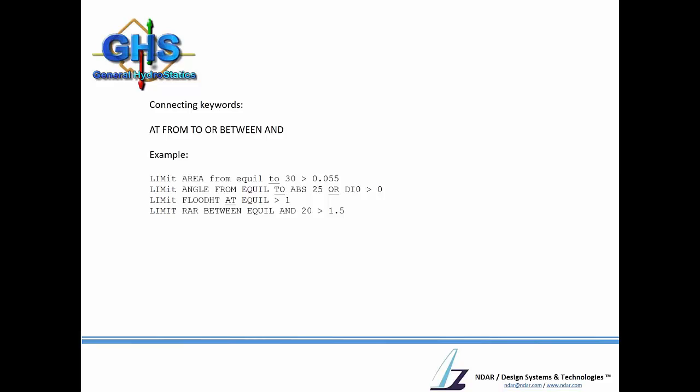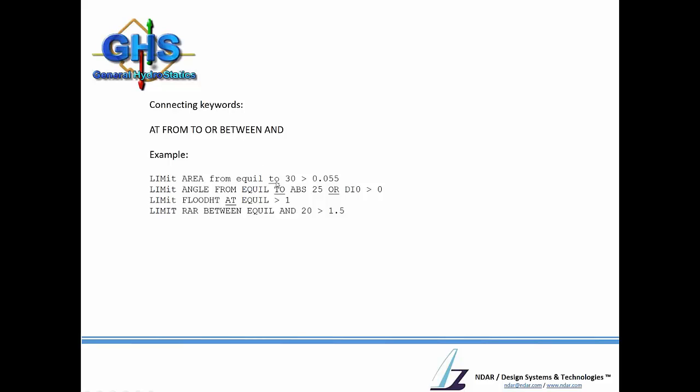Here again, I would invite you to look carefully at what the limit help dictionary is providing, because those keywords may be contextual. Depending on whether you are checking an area or an angle, they may change their behavior. So please be careful reading through the manual. But essentially, the 6 connecting keywords that are available are at, from, to, or, between, and end.